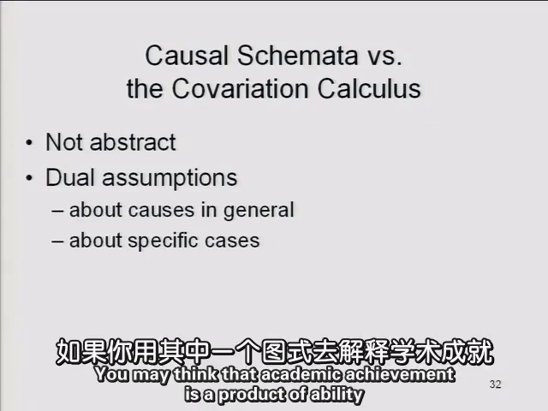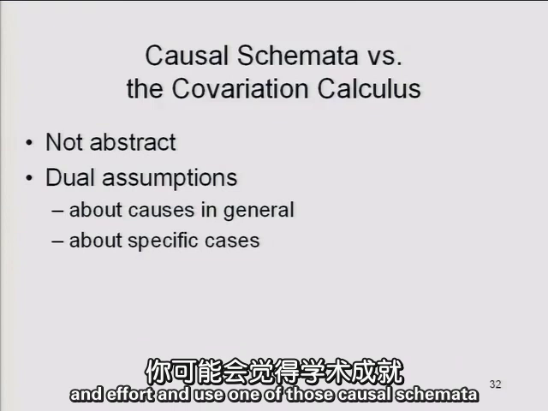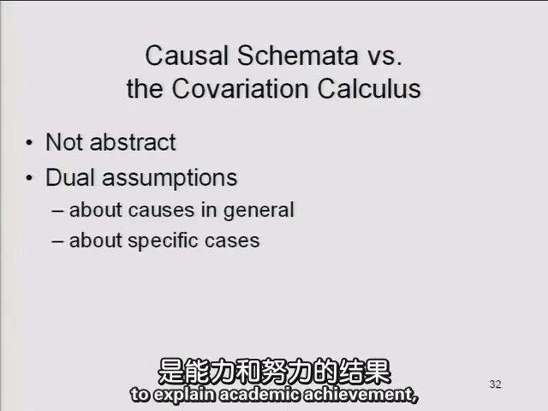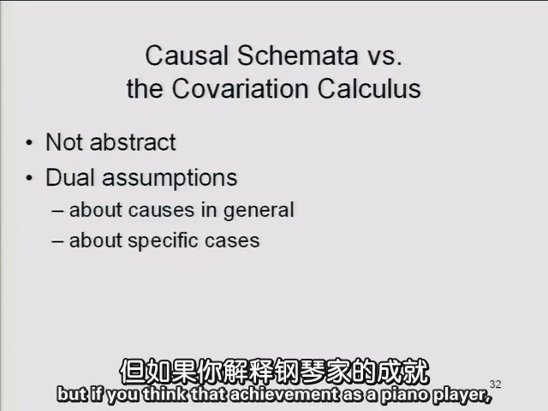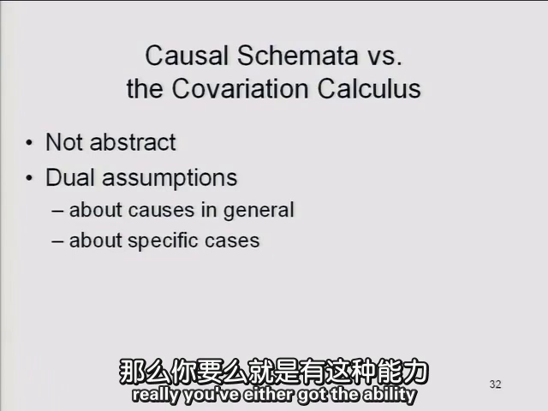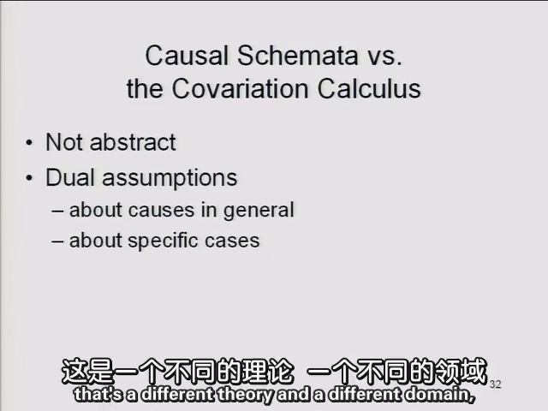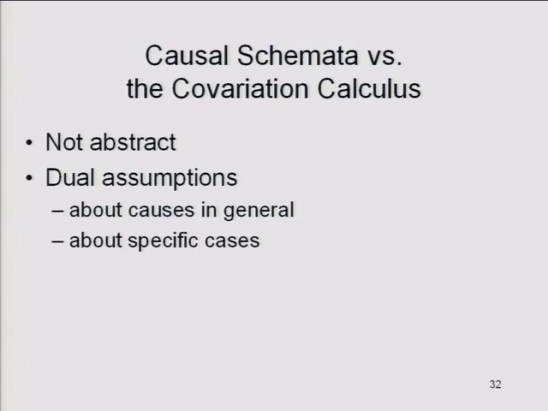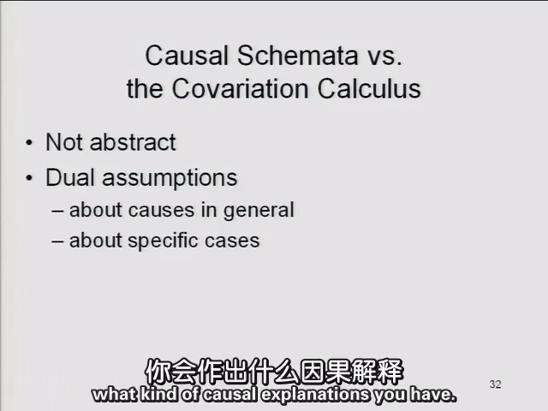You may think that academic achievement is a product of ability and effort, and use one of those causal schemata to explain academic achievement. But if you think that achievement as a piano player or as a tennis player or a golfer or something like that, really you've either got the ability or you don't have the ability. That's a different theory in a different domain, and that's going to dictate what kind of causal explanations you have.